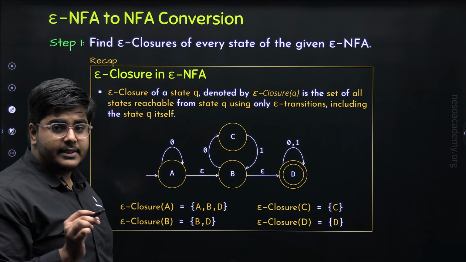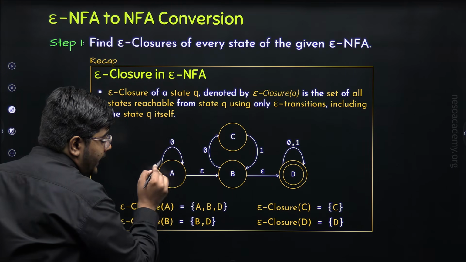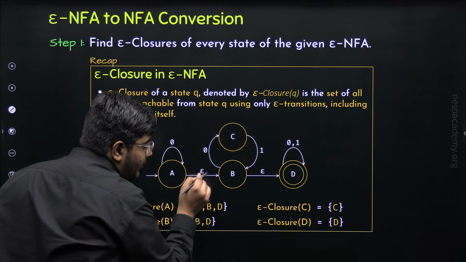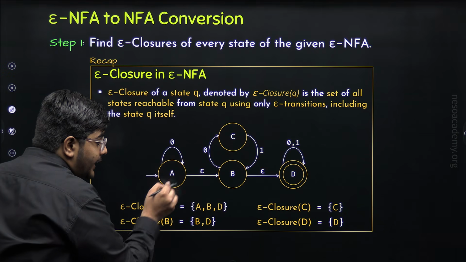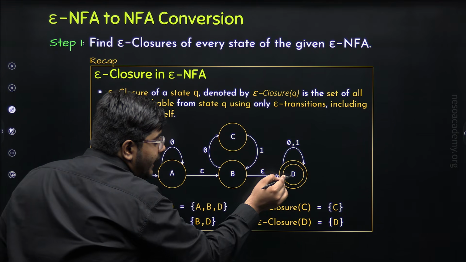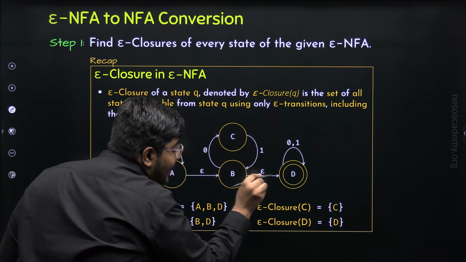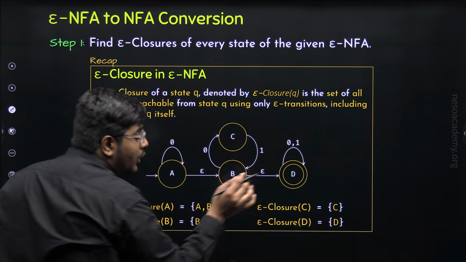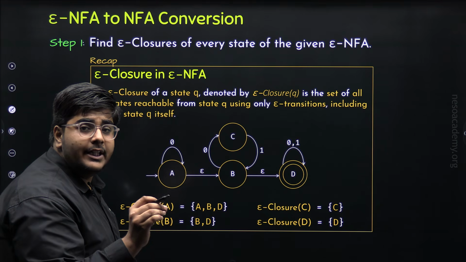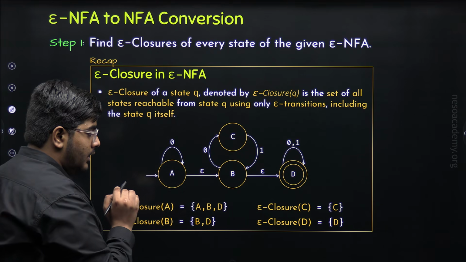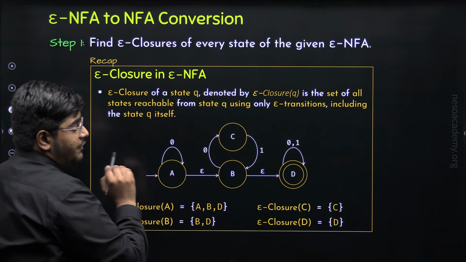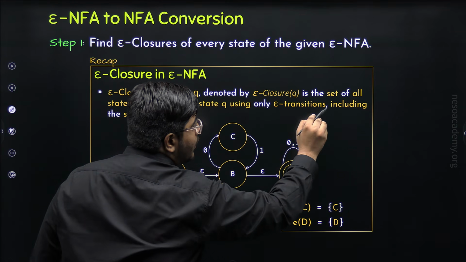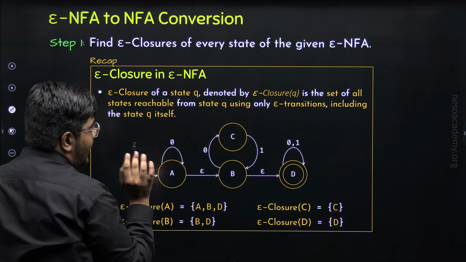In this diagram, you can see from the state A, I can reach the state B using only an epsilon transition. From the state A, I can also reach the state D using two epsilon transitions. That is why both B and D will be part of the epsilon closure of A. And according to the definition, the epsilon closure of a state Q will also contain the state Q itself.